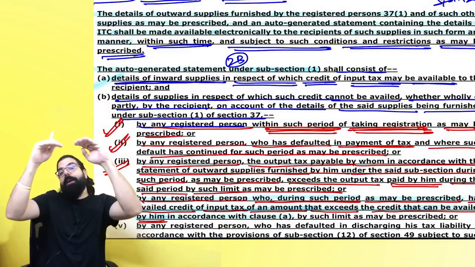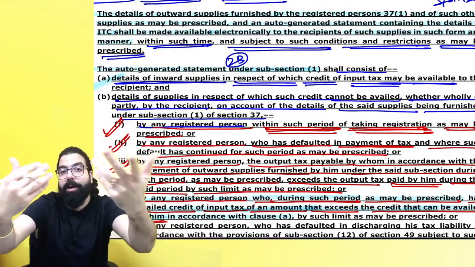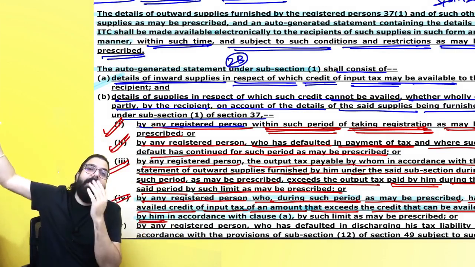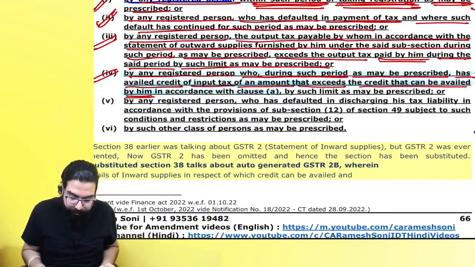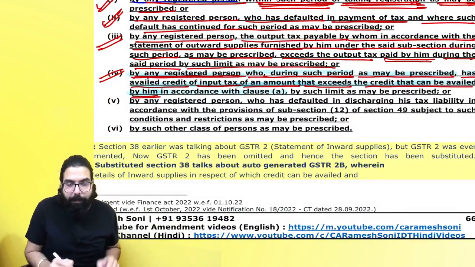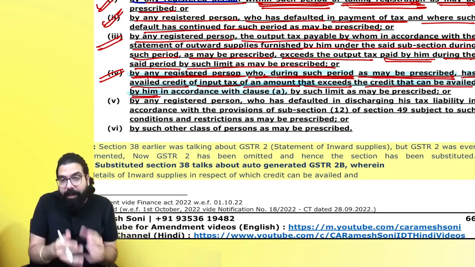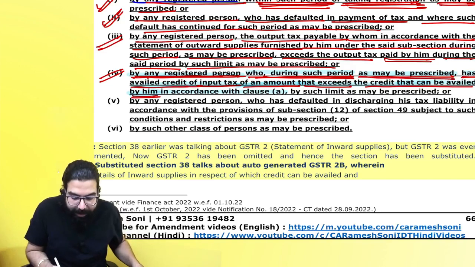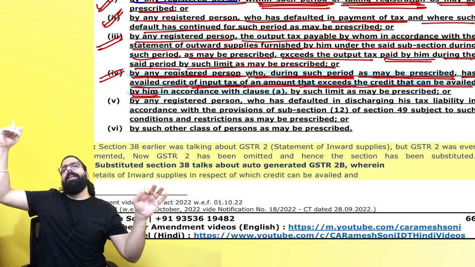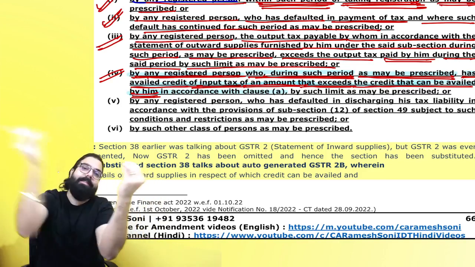Clause A was telling about the available ITC. In GSTR 2B, the first column will be your ITC which can be availed by you, and if he has taken more credit than that, so sir, the supplier who is supplying me has taken more credit than what he was eligible. Then they are telling over here, if the details are furnished by a registered person who during such period as may be prescribed, nothing prescribed as of now, has availed the credit of input tax of an amount that exceeds the credit that may be availed, means whatever was appearing in his GSTR 2B available column, he took more credit than that and he is trying to pass on the credit.